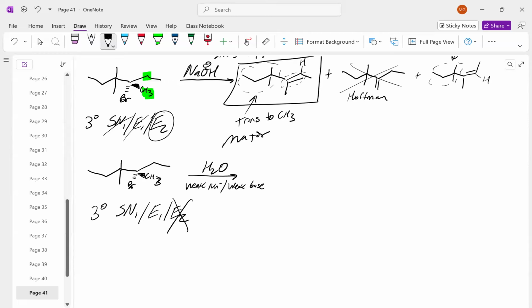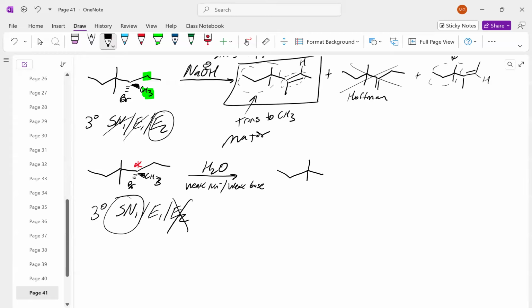Now, is there a way I can decide between SN1 and E1? Look at the reaction conditions. I didn't draw any heat there, so we're going to assume SN1 is going to be the major product. So I'm going to replace the bromine with an OH. But note the reaction is happening at a chiral center. And for SN1, what happens to the stereochemistry at a chiral center?